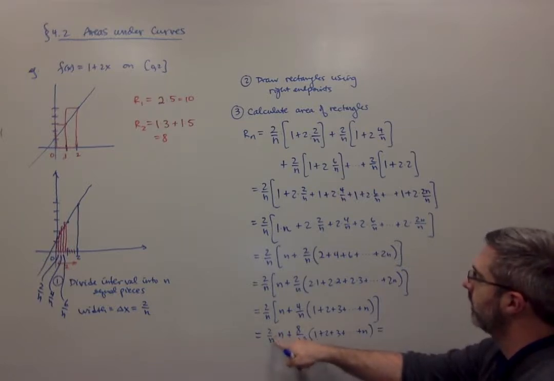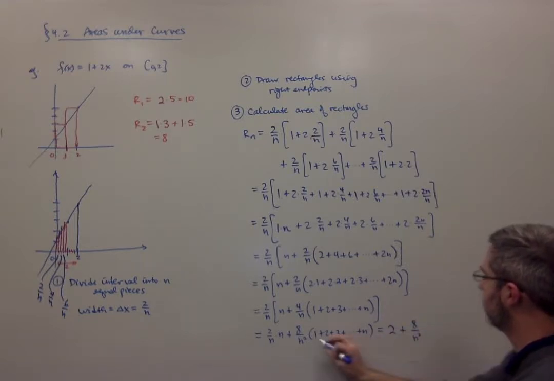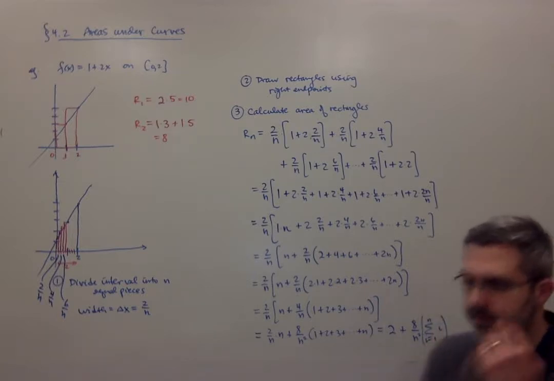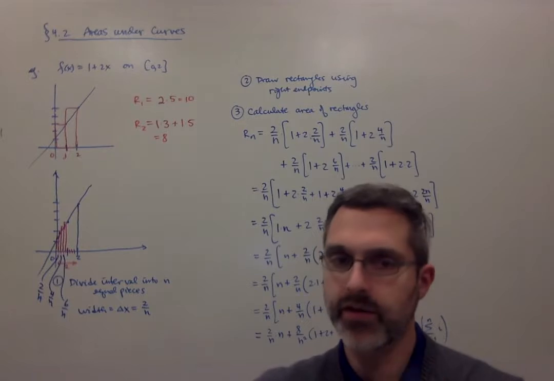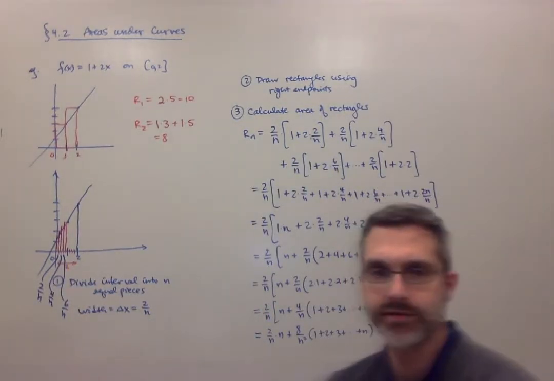2 over n times n is just going to give me 2. And I've got 8 over n squared times now a sum of things ranging from 1 to n. That's one of our sigma notation formulas. It's the one that Carl Friedrich Gauss figured out.